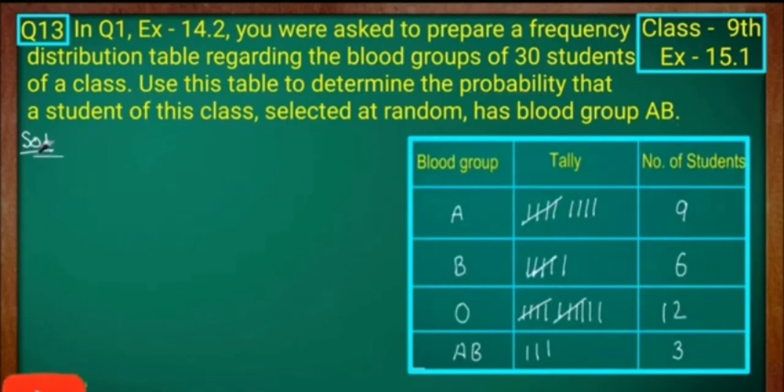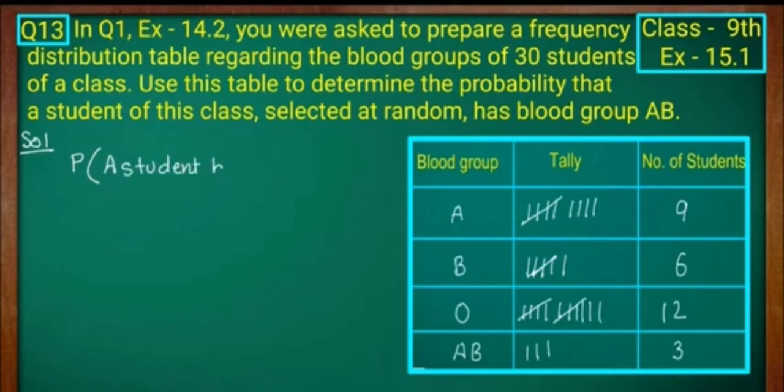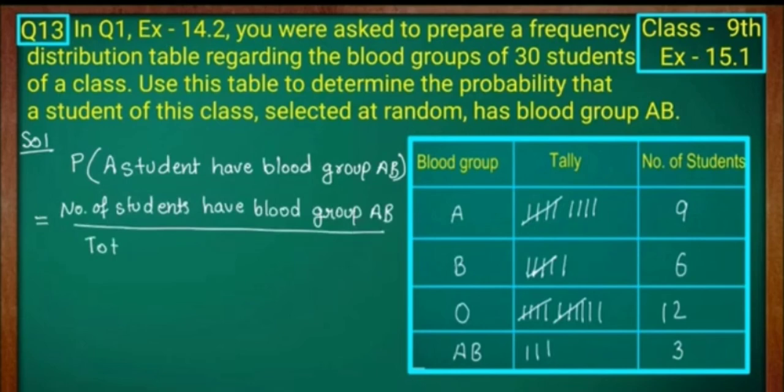We want to find the probability of students having blood group AB. From the probability formula, it is the number of students having blood group AB divided by the total number of students. The number of students having blood group AB is 3, and the total number of students is 30, which you can sum from the table of the blood group of 30 students.